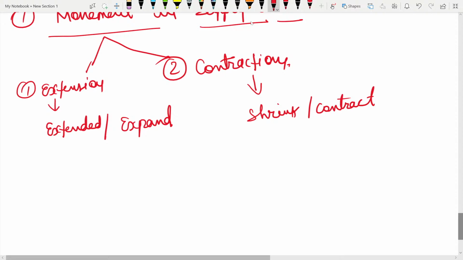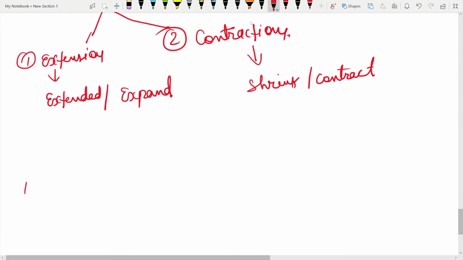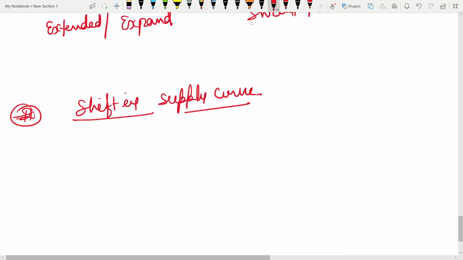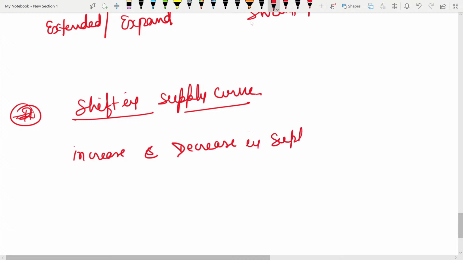Okay. Let me tell you another point, that is shift. So second point, shift in supply curve. What does it mean? Increase or decrease in supply will come in shift in supply curve. Okay.